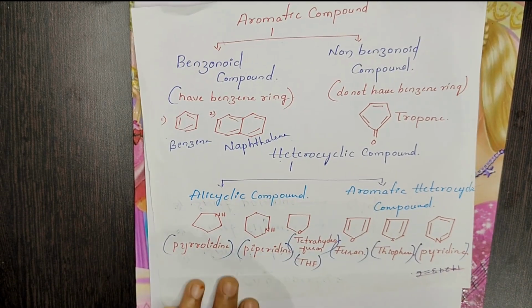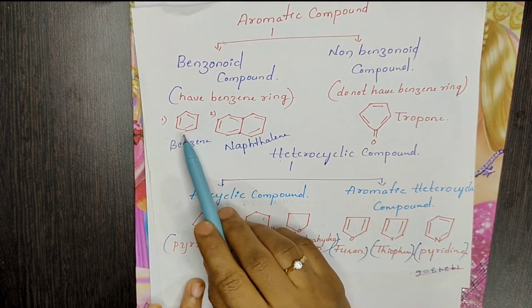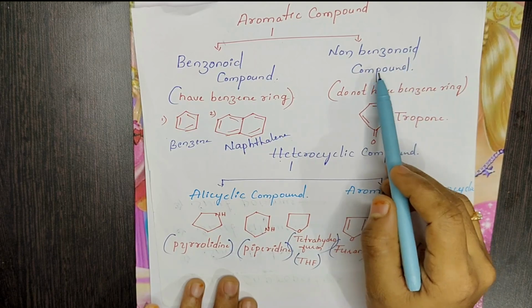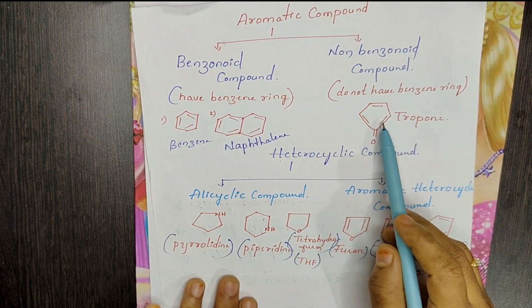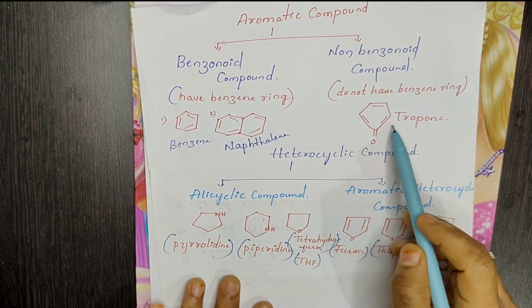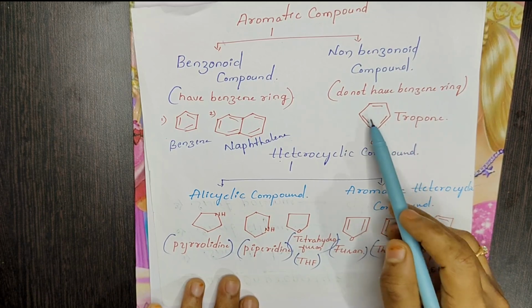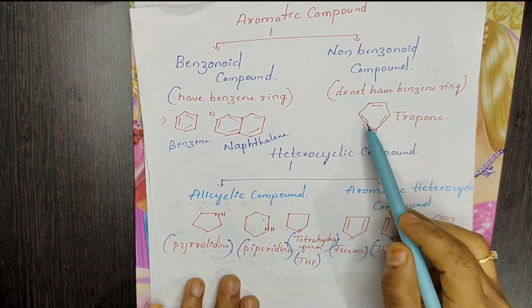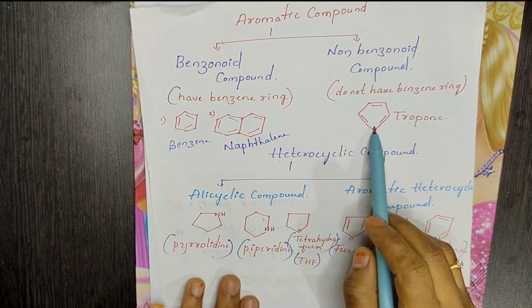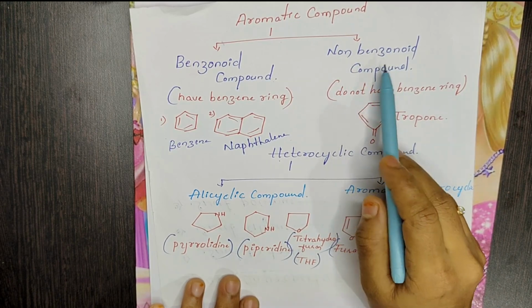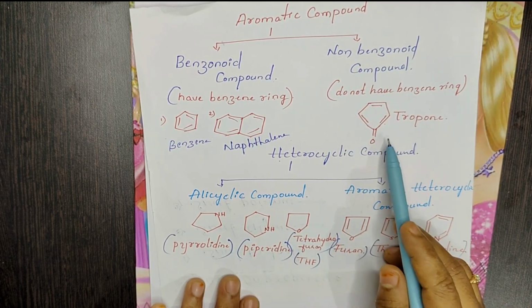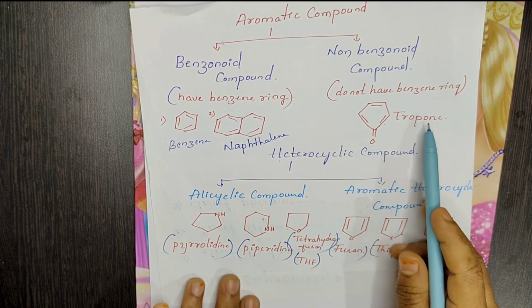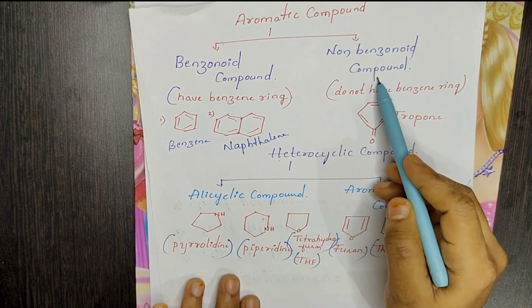These compounds contain benzene rings. Non-benzenoid compounds do not contain a benzene ring, but they have properties similar to the benzene ring, though the structure does not show the benzene ring. The example is tropone, an example of a non-benzenoid compound.